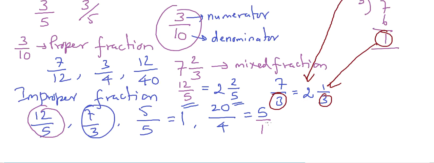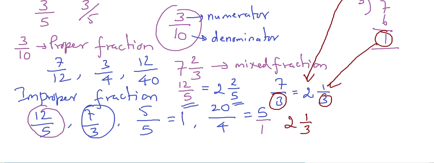Similarly, any mixed fraction can be converted to an improper fraction. So how do we convert 2 1 by 3 to an improper fraction?